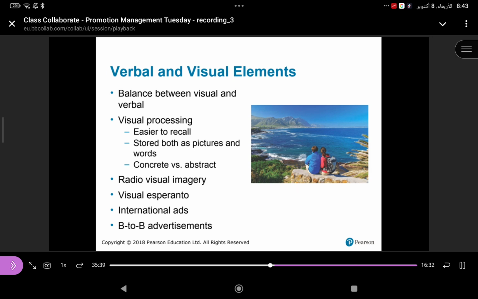Advertising is actually the most effective when images or visuals and words work together. Visuals grab attention and evoke emotions, whereas the verbal messages explain, clarify, and persuade.